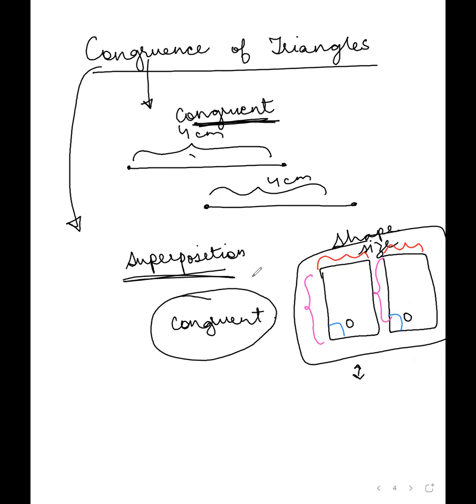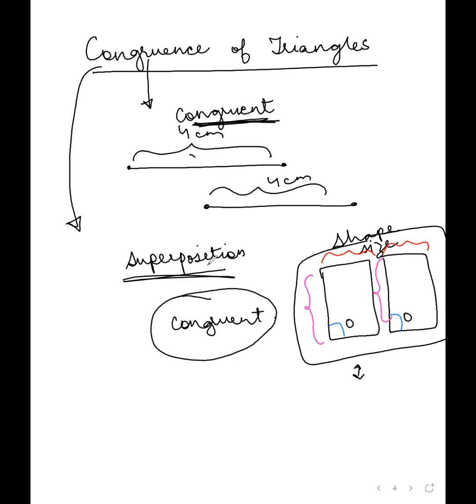Even if one thing is different, for example the breadth, will you say that they are congruent? No. Let's say length is the same, angles are the same, but breadth is different. Then they will not be congruent.